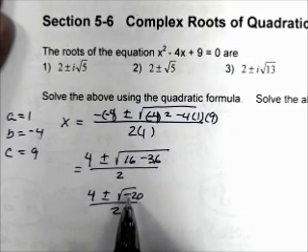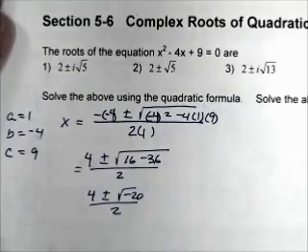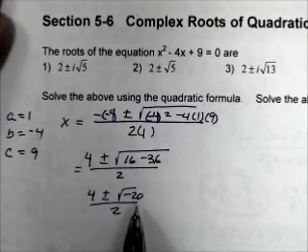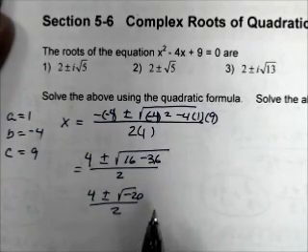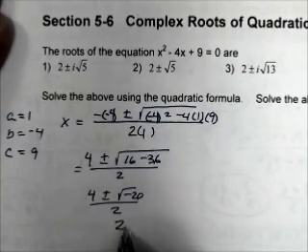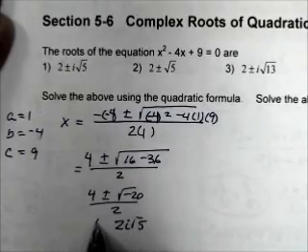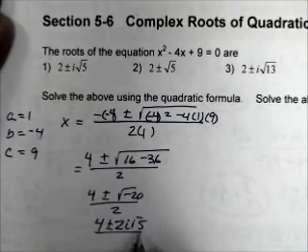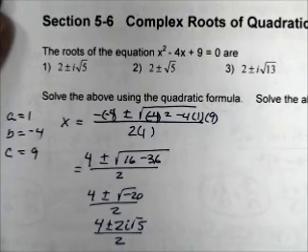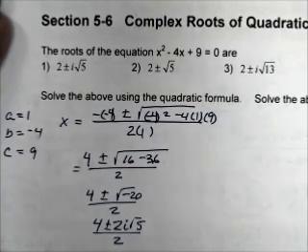Simplifying the square root of -20. Negative comes out as i, an imaginary number. And 4 times 5, and the square root of 4 is 2. So 2i square root of 5, so 4 plus or minus 2i square root of 5 divided by 2. Split this apart, divide each by 2.